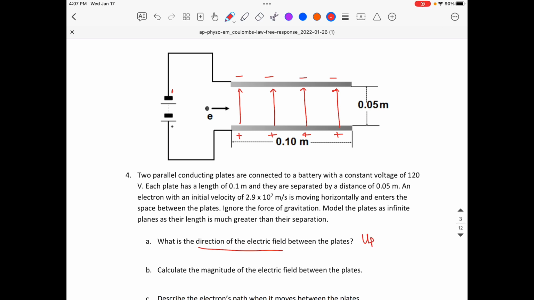In the next part, we're calculating the electric field between the plates. And in order to do that, we need to figure out what information is given. So the first piece of information is that the voltage is equal to 120 volts. And the length of the plate is 0.1.